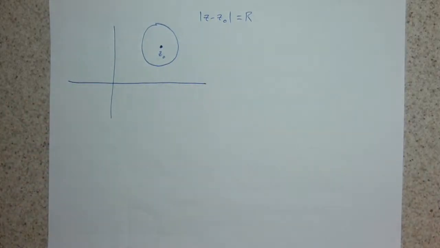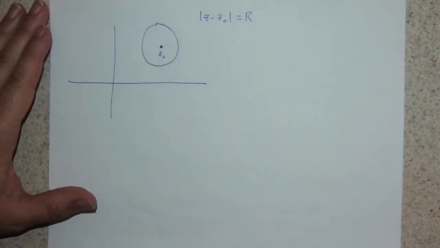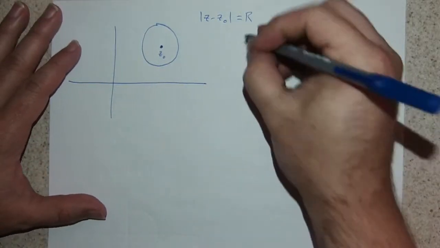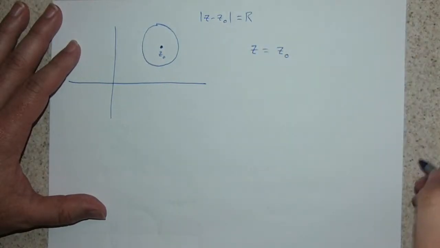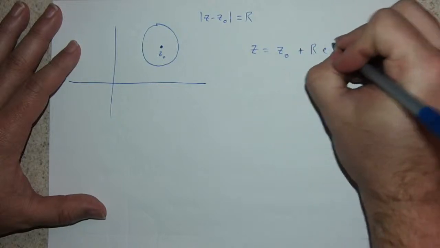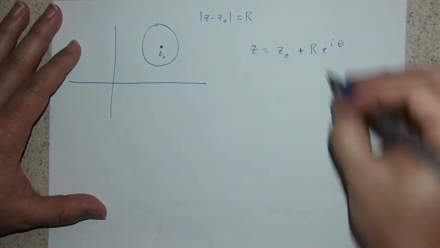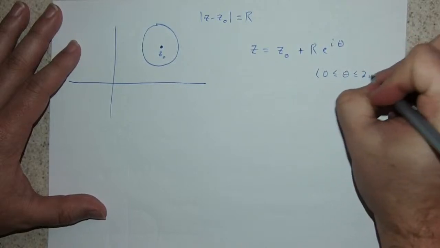So circle of radius r centered at z naught. So how do I parametrically describe this thing? Well, taking a cue from what we did earlier, this is actually just z is equal to z naught plus r e to the i theta, where theta goes between 0 and 2 pi.